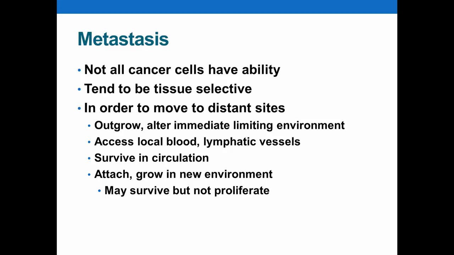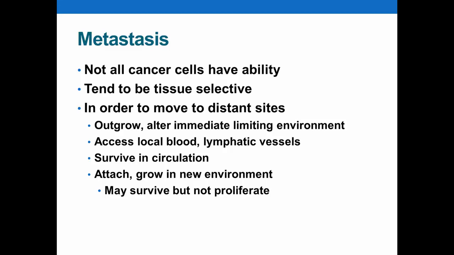Certainly they have to be able to survive in the circulation. So once they enter the circulation or the lymphatic system, they have to be able to avoid apoptosis and shear forces. And then last but not least, once they get to that new environment, they have to be able to attach and grow in that new environment. So in some cases they may survive, but they may not proliferate.